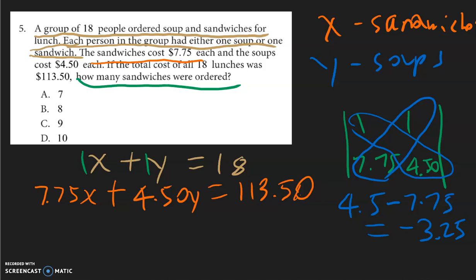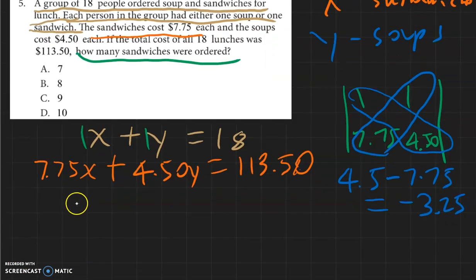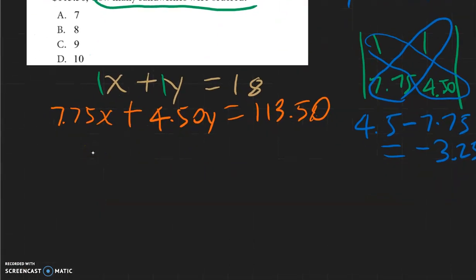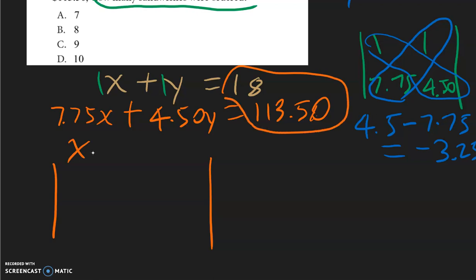Next, we are going to solve for x. And so, to set that up, I'm going to replace the x, which is on the left side, with 18 and 113.5.